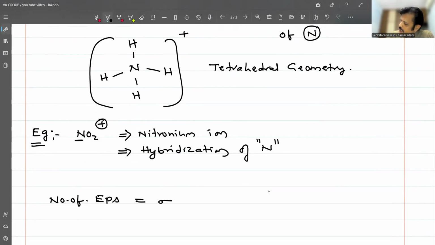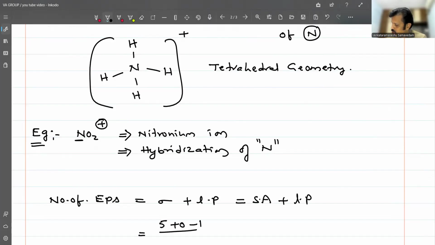Here also I can take the number of electron pairs, nothing but sigma bonds plus lone pairs. Sigma bonds are nothing but surrounding atoms, plus lone pairs. So here the group number is 5, no monovalent atoms, 0, cationic charge magnitude is 1, divided by 2, then I will get 4 by 2, which is equal to 2, nothing but sp hybridization.